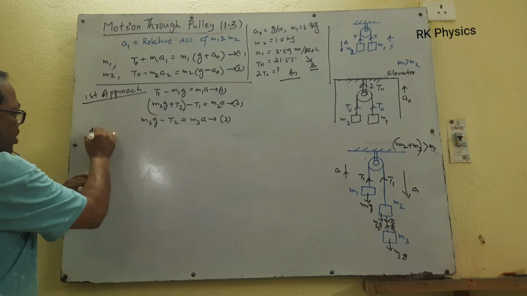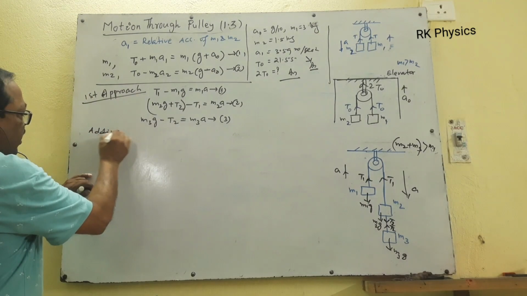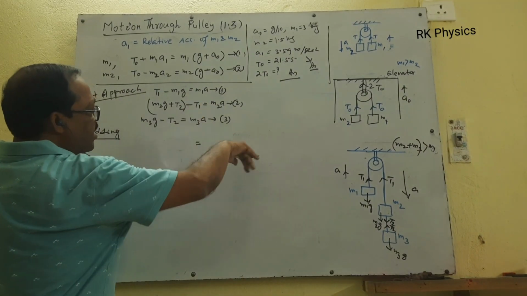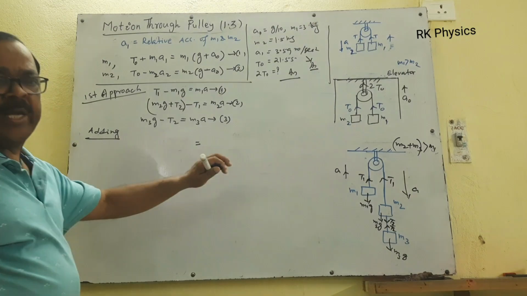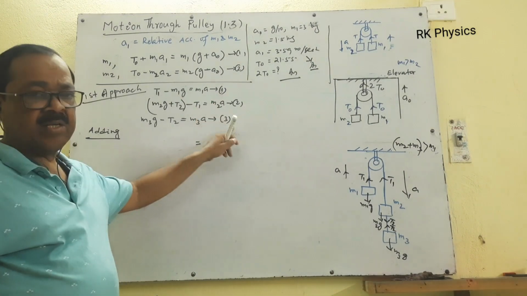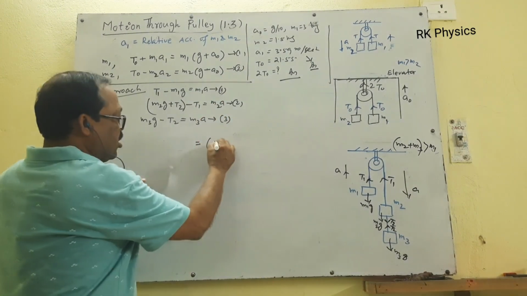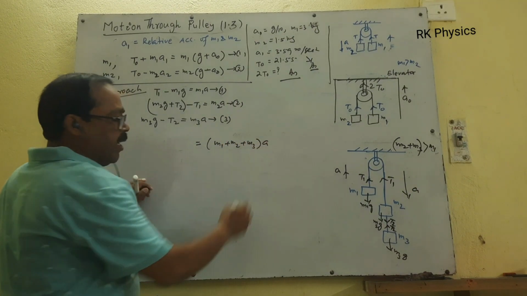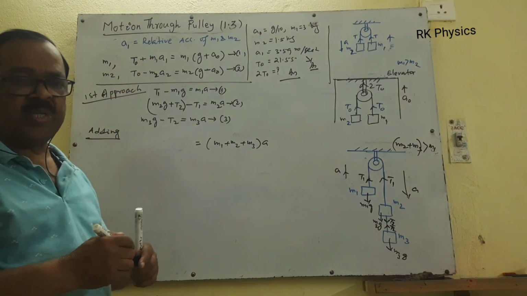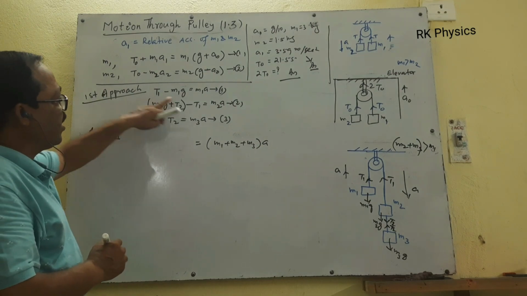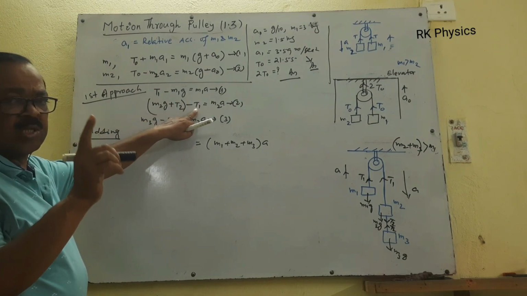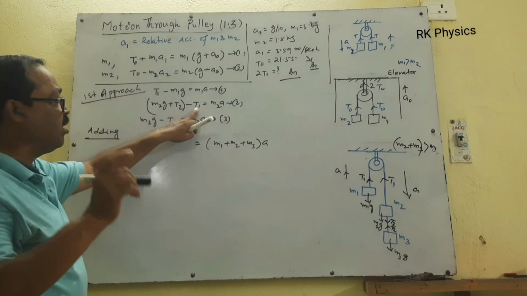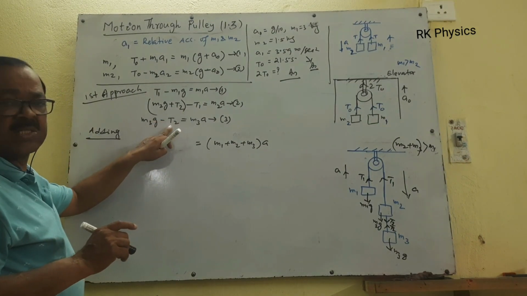If you add these equations, first see the right-hand side: M1A, M2A, M3A. Taking A common, this is M1 plus M2 plus M3 into A. Then come to the left side, adding equation 1 plus equation 2 plus equation 3. T1 and T1 cancel, T2 and T2 cancel.